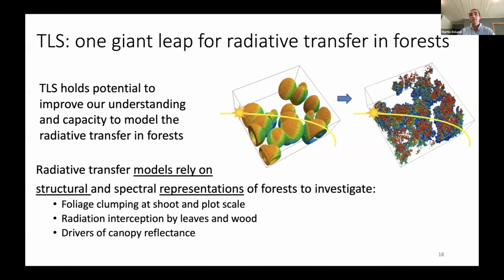And we do this mainly to investigate foliage clumping at different spatial scales in the canopy. We want to model the interception of radiation by the leaves and the wood in the canopy, and we want to understand the drivers of canopy reflectance.